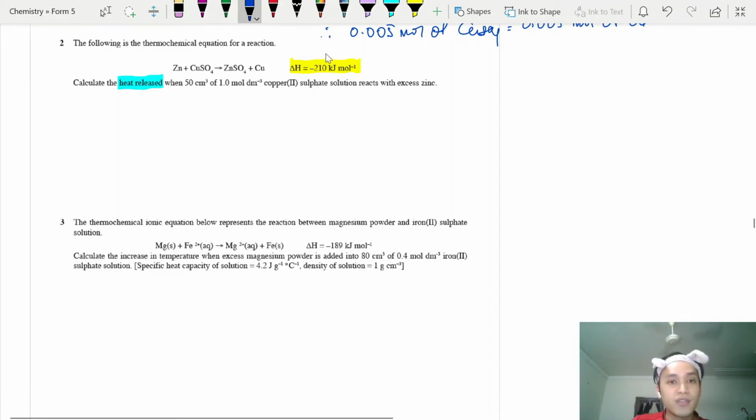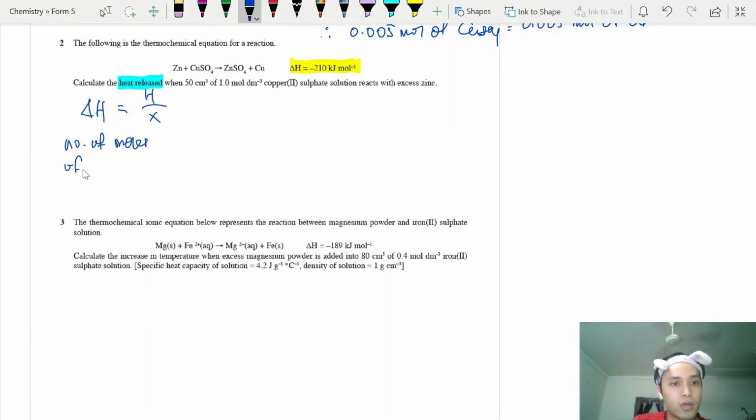Since they already give me this one, it's based on my formula here. Delta H equals heat release divided by number of moles. I want to know what is this, so I need to know the number of moles. It's already given here, so we just calculate. Number of moles of who?